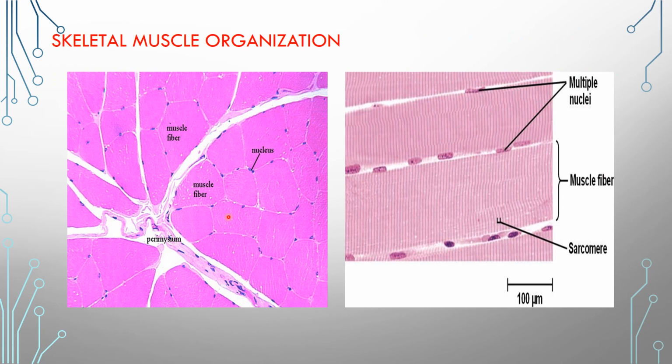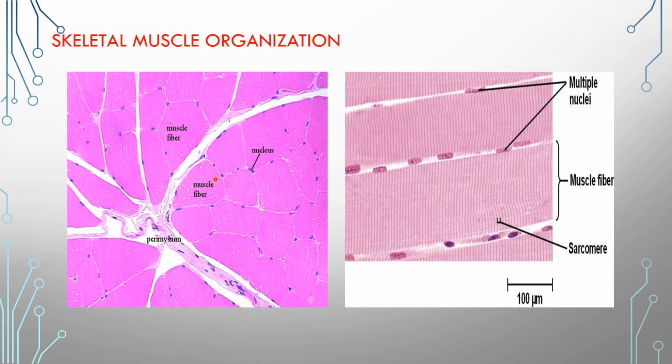This is a photomicrograph showing you the connective tissue organization of the muscle. This is the perimysium, showing the division of the muscle into different muscle fascicles, and these muscle fascicles are all surrounded by the perimysium. The muscle fascicle divides into different muscle fibers, and these muscle fibers are surrounded by the endomysium.